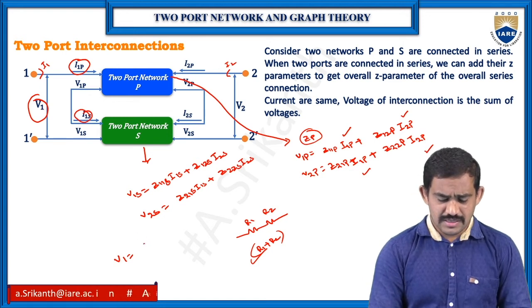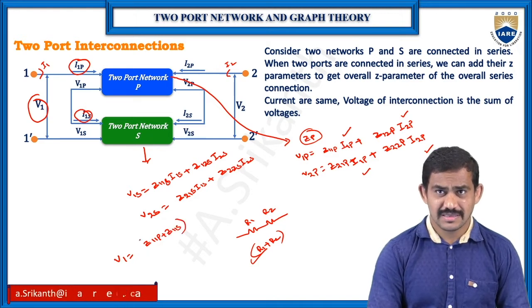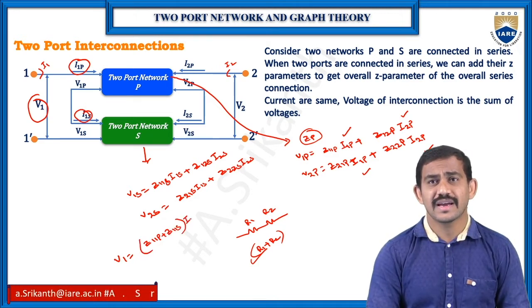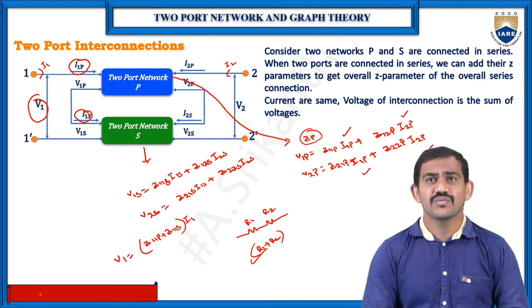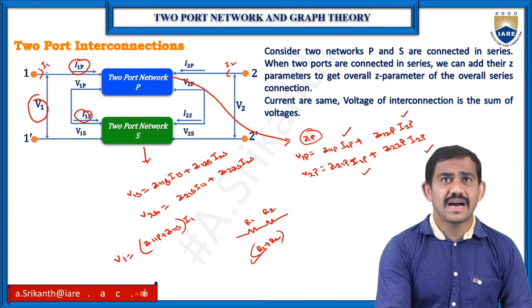V1 equals Z11 of P plus Z11 of S, into I1, since the I1 value and the I1 of P value are the same.